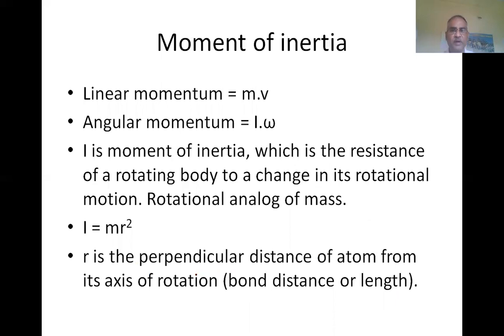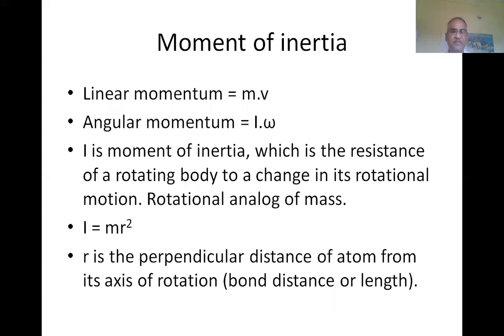And now, moment of inertia. See, we are considering moment of inertia because the molecule is rotating. So a rotating object will have moment of inertia. Linear momentum is mass multiplied by velocity, whereas angular momentum is moment of inertia multiplied by angular velocity.